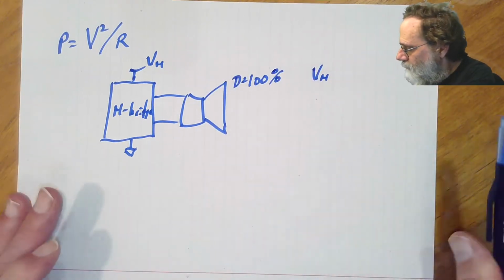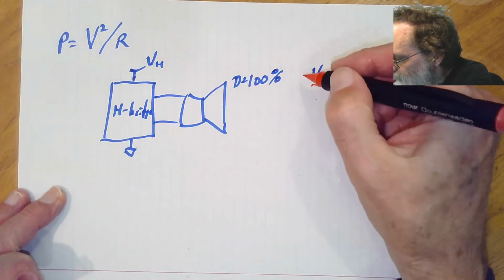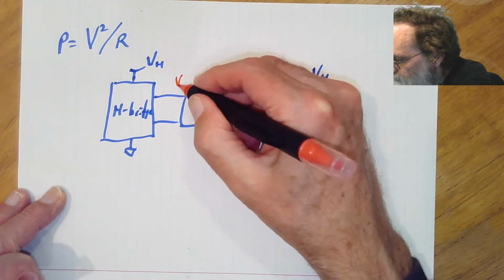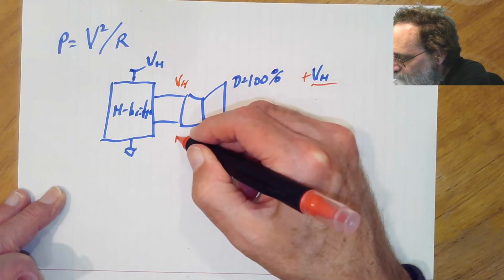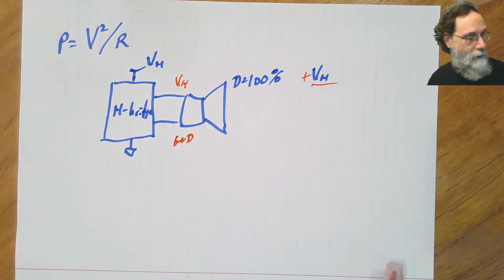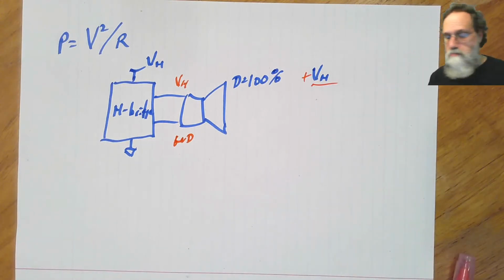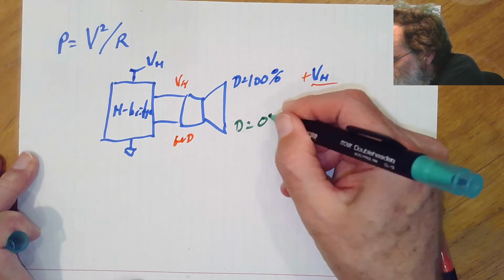Let me actually just write this thing here. So that's positive VH, because we'll have VH on top and ground on the bottom. But what happens if we switch to D equals 0%?